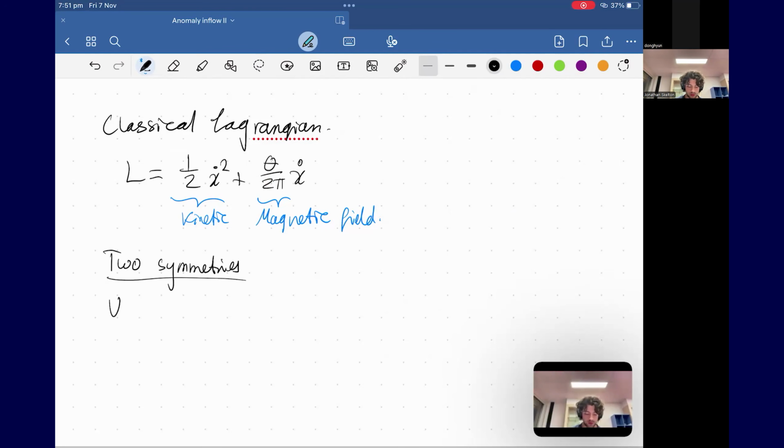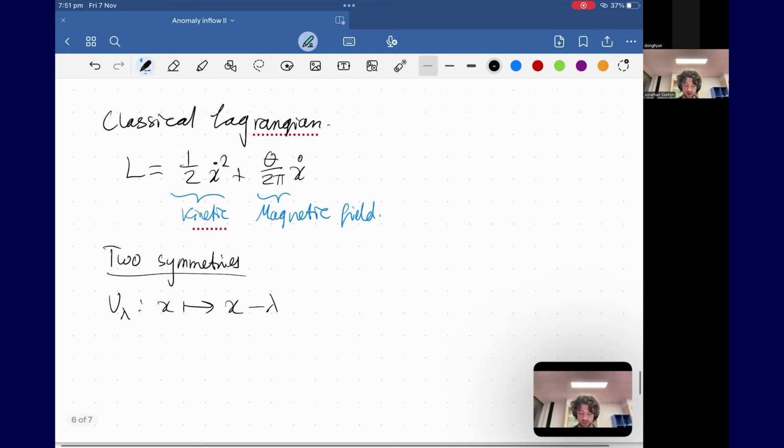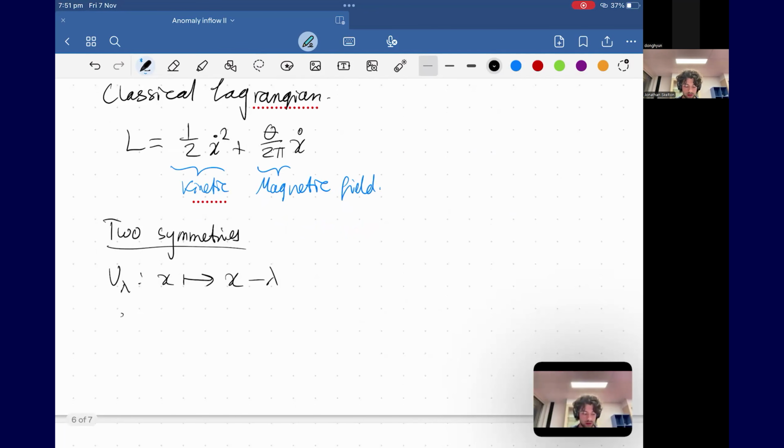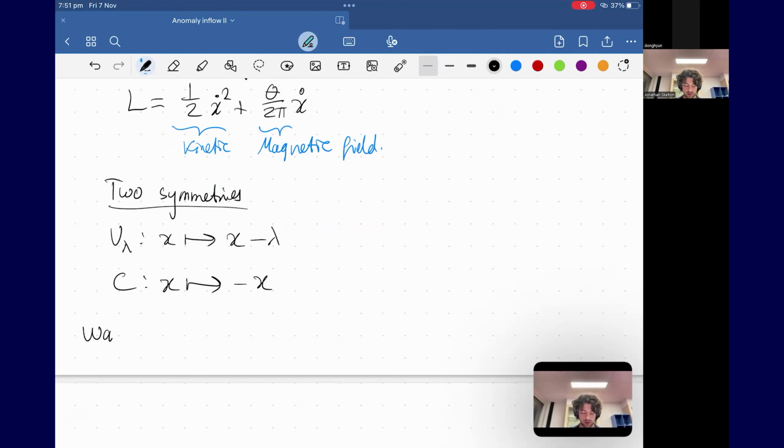The first one is the shift symmetry, where x goes to x minus lambda for some parameter lambda. And then the reflection, or you could imagine a charge conjugation, x goes to minus x. So the idea is we want to study the 't Hooft anomaly of U lambda.